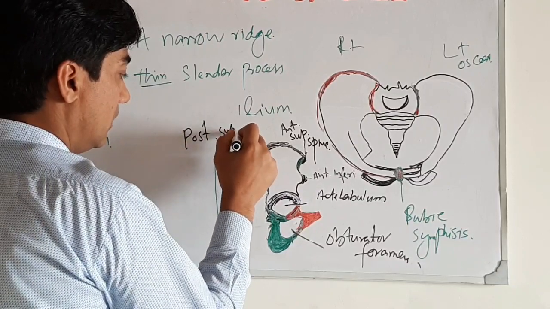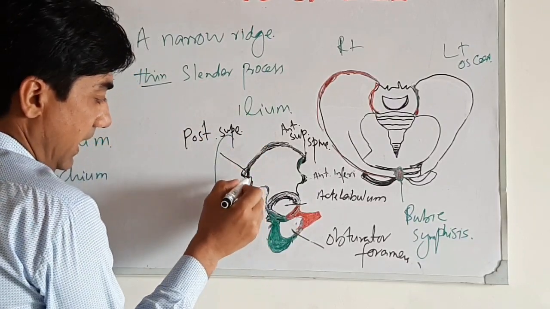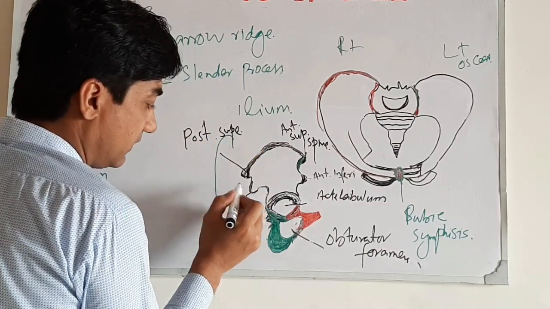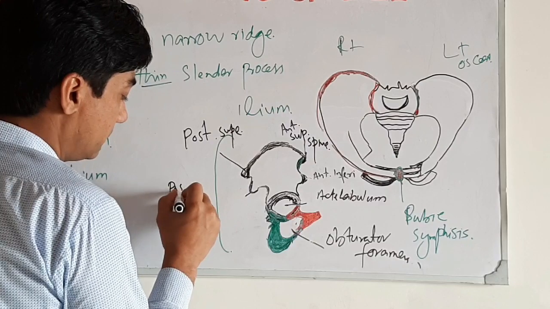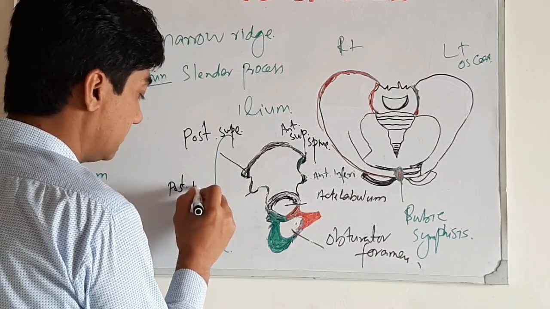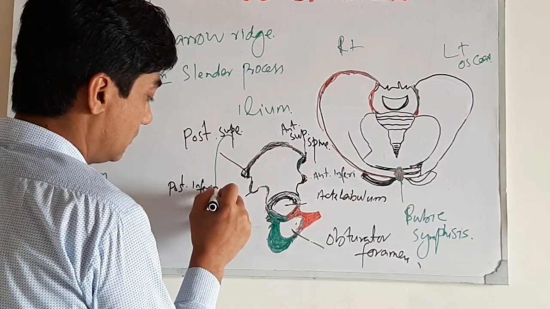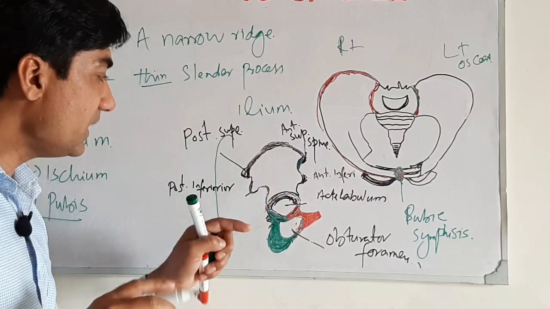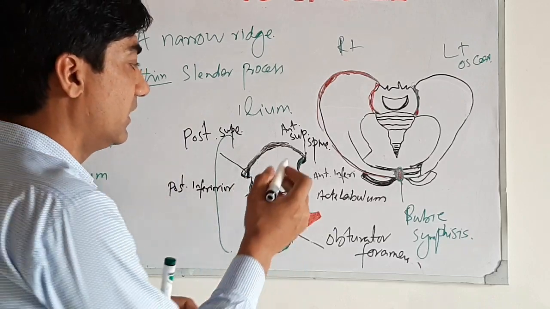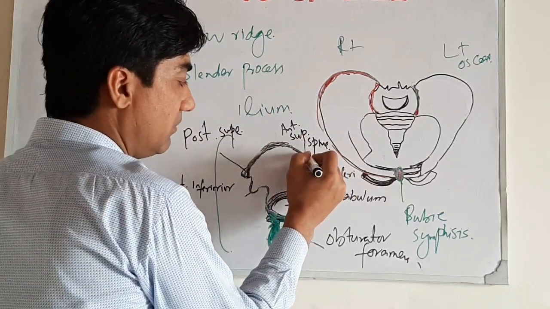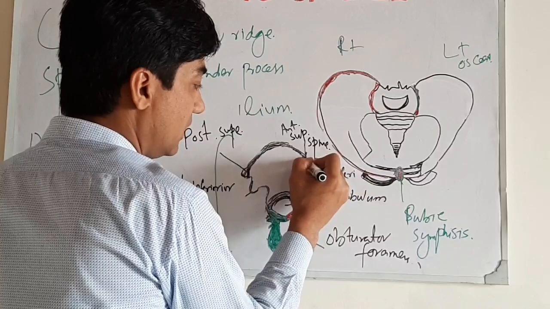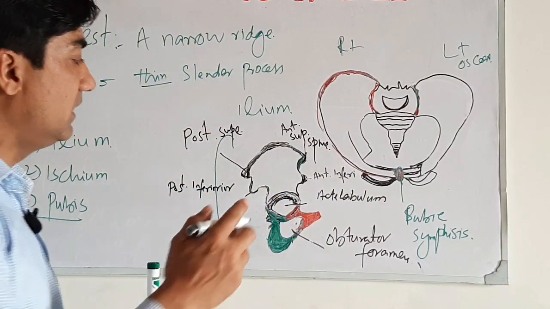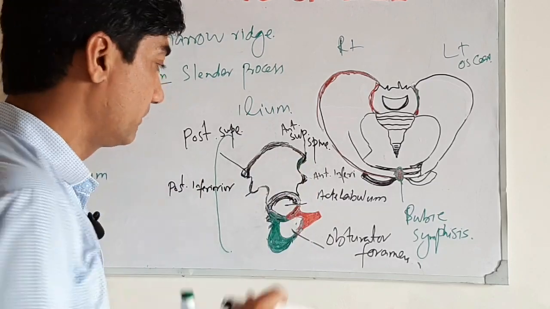Below the posterior superior spine there is another spine called the posterior inferior spine. In a thin or lean person, the anterior superior spine, because it is a thick projection, a thick process, is often palpable or seen.